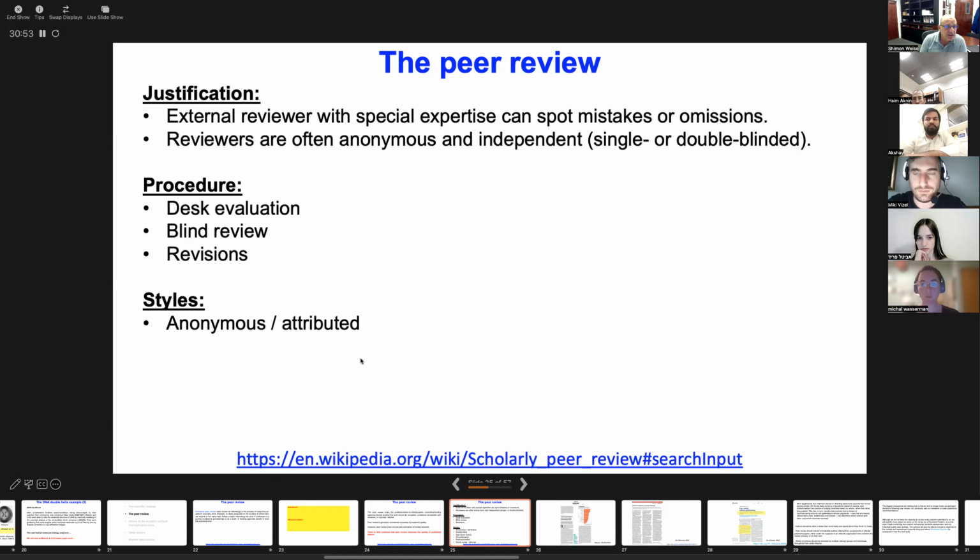As we said, there are several different types of peer review. There is anonymous or attributed. There is double-blinded. There is an open peer review, which is becoming more and more popular. Basically, we put the paper and the review online, and everybody can read and discuss this and start a blog and have some iterations.